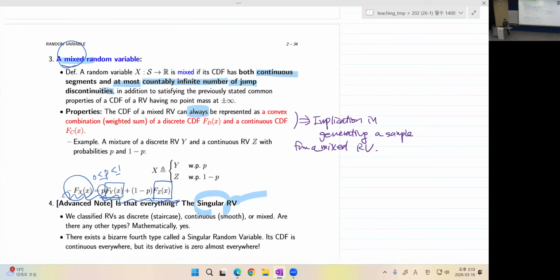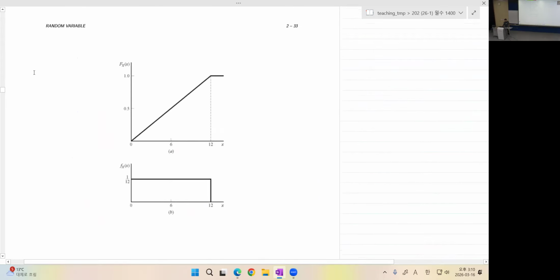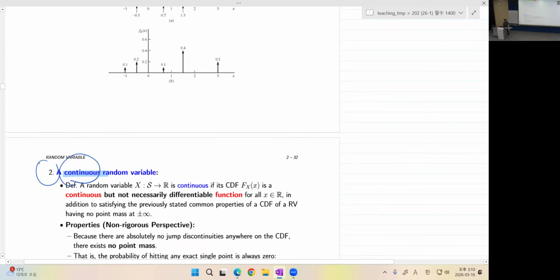And your question would be, is there any other form? Yes, but we are not handling that because that just exists mathematically. But in engineering problems, we are happy with three classes of random variables.